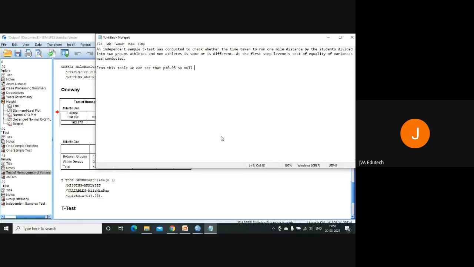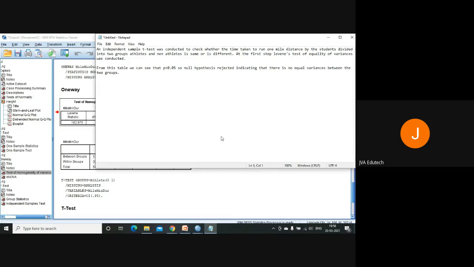So null hypothesis rejected, indicating that there are no equal variances between the two groups.